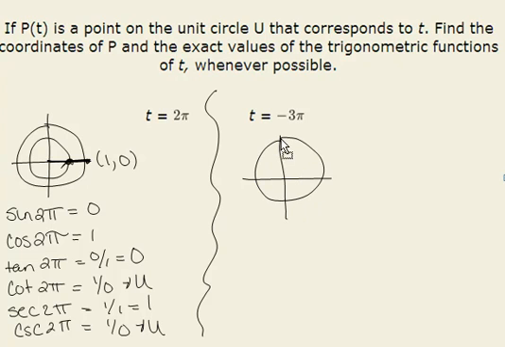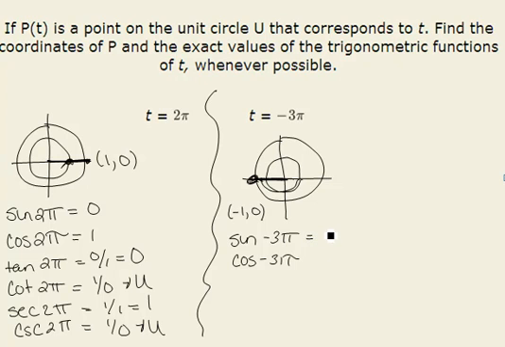Therefore, our terminal side on our unit circle would go 1 pi, 2 pi, 3 pi, giving us the terminal side on the negative x-axis, where the point would be given by (negative 1, 0). Again, we can now define the sine of negative 3 pi and the cosine of negative 3 pi, looking at the x and y coordinates.